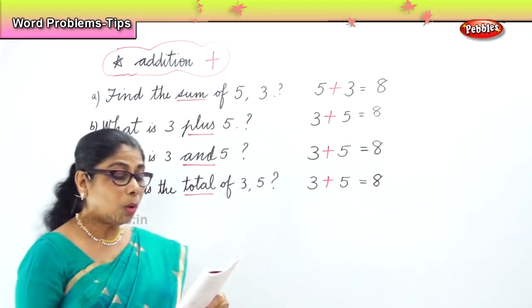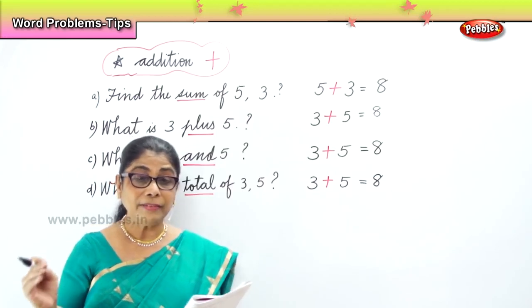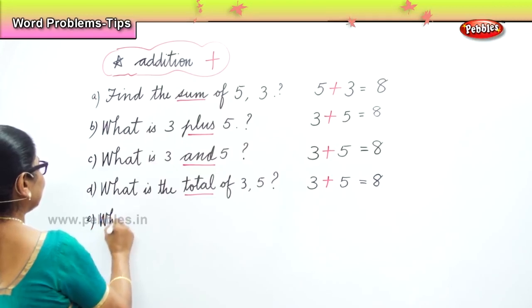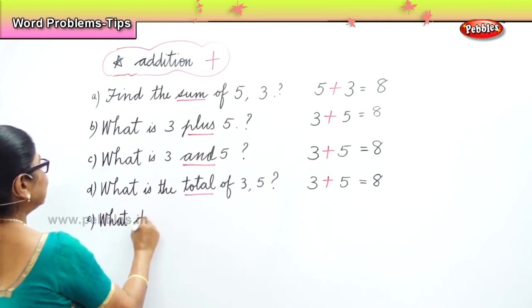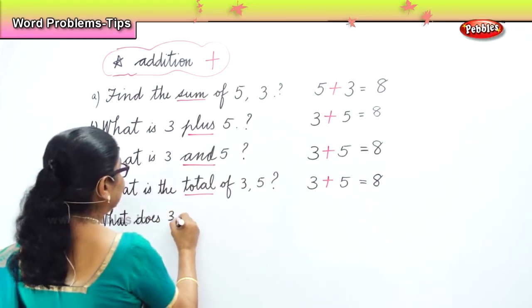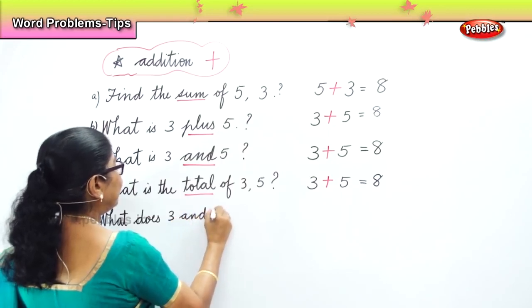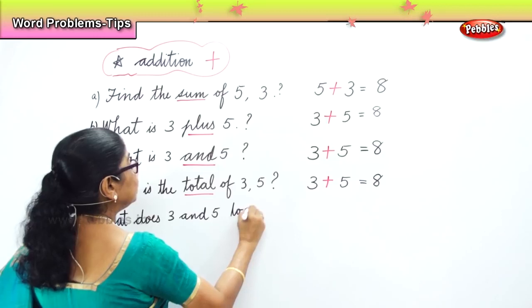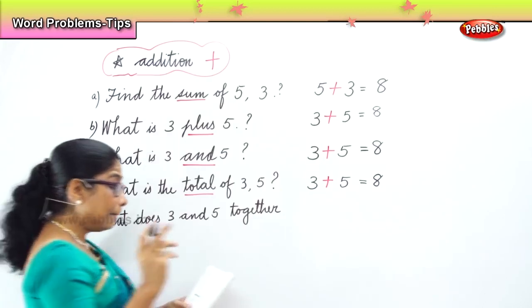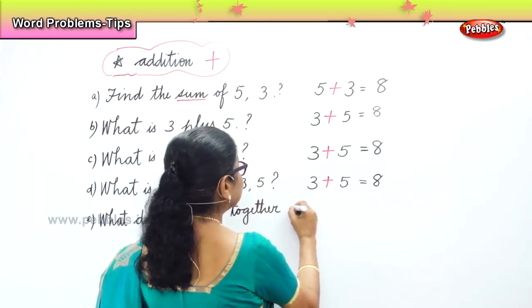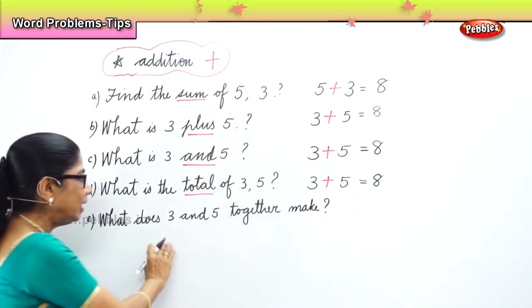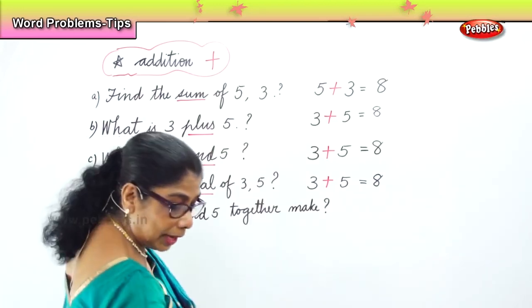Okay, now what do 3 and 5 together make? That's another small problem. 3 and 5 again together.